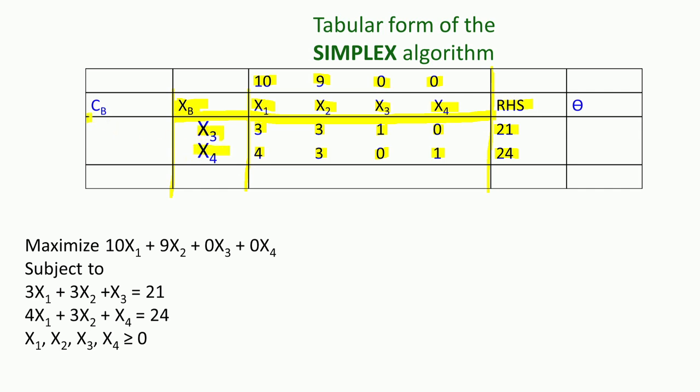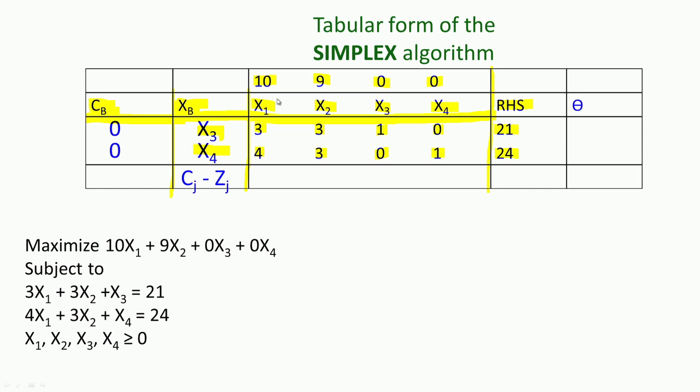Now, we extend it a little bit on this side and write something called CB, which is the coefficient of the objective function of the basic variables. x3 and x4 have coefficients 0 and 0, and therefore we write 0 and 0. Then we write something called Cj minus Zj, and let me explain this Cj minus Zj.